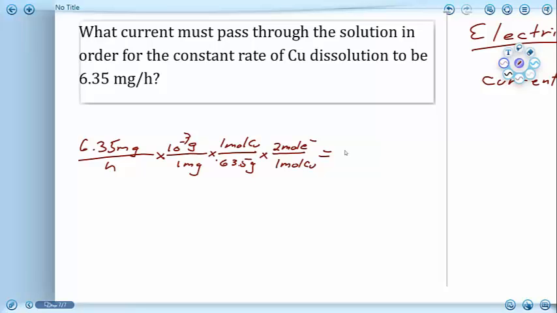We end up getting 0.002 moles of electrons per hour. If we take a look at the units that get canceled, everything gets canceled except for moles of electrons and hours. So we still need a little bit of work. We need to convert the moles of electrons into coulombs, and we need to convert the hours into seconds.